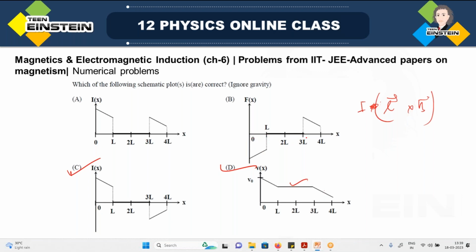Then force may be 0, but why should it be 0? B is there, I is there. So for force, this is not true. Therefore, we had these two options, C and D.